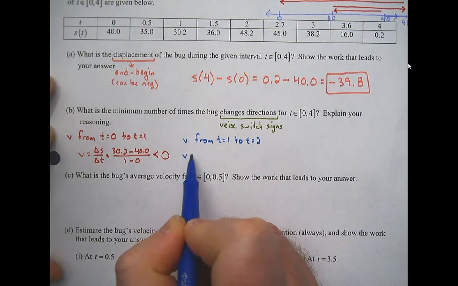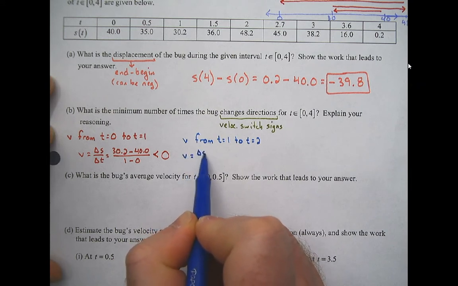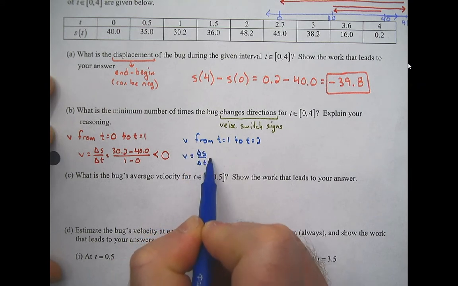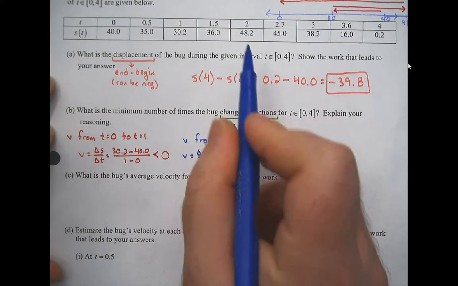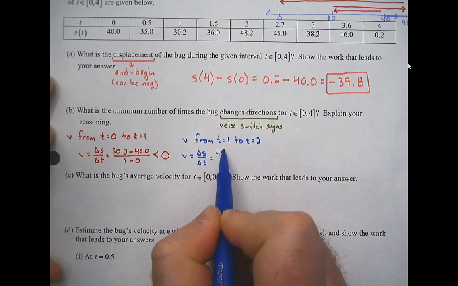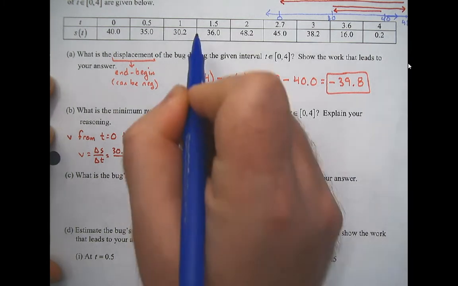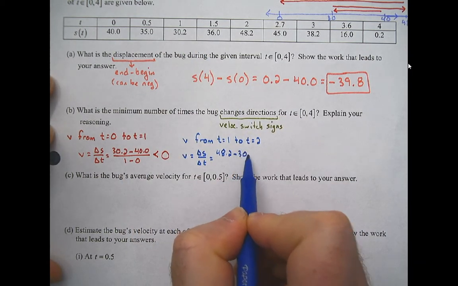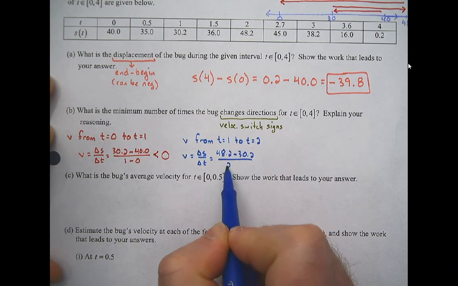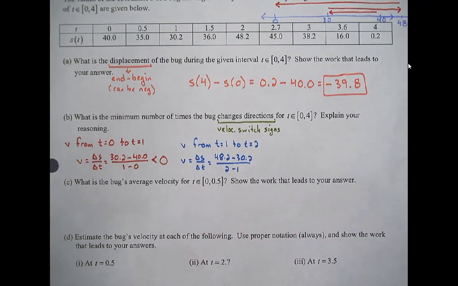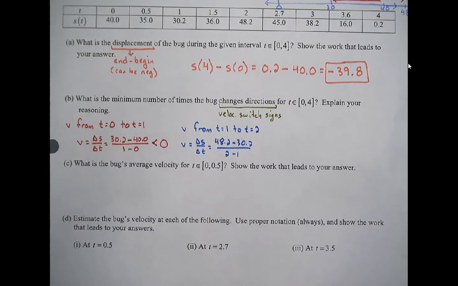My velocity equals, again, change in position over change in time. My position at time 2 is 48.2, at 1 is 30.2, over 2 minus 1. Because I'm talking about changing direction, I don't care what the actual velocity is. All I'm trying to do is compare the signs of velocity.